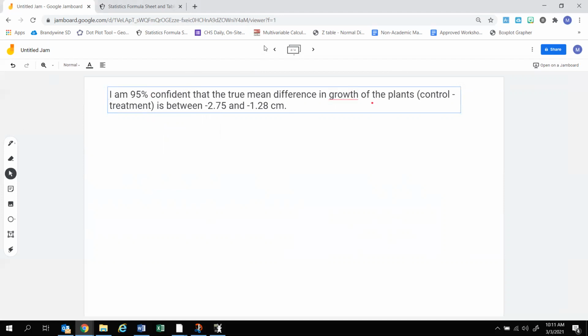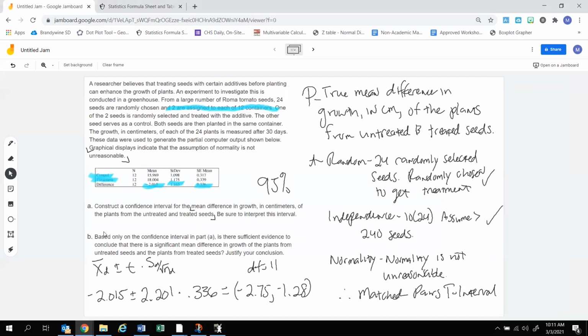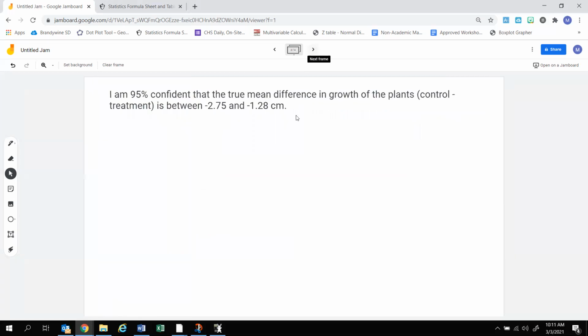After that's done, then part B. Based only on the confidence interval in part A, is there sufficient evidence to conclude that there is a significant mean difference in growth of the plants from untreated seeds and the plants of treated seeds? Justify your conclusion. Remember, a difference of 0 would represent that there is no difference between the two. If we look at our interval, 0 is not included in this interval. 0 is not a plausible value.